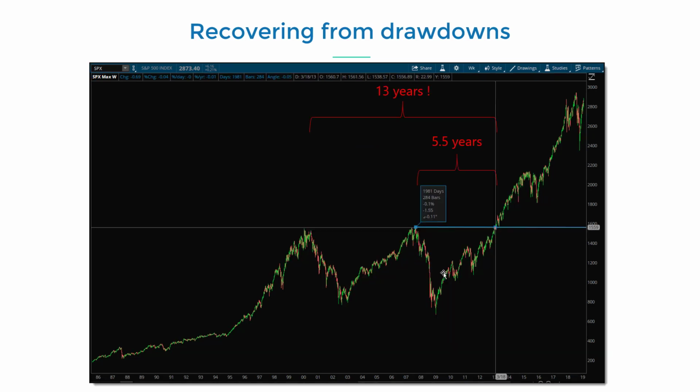So you're now looking at a scenario that if you entered the market here, you spent 13 years in that investment before you got back through to break even, right? And while looking at something like this, you might say, yeah, bottom left to top right looks good to me. Could you have sat through 13 years of drawdown, is the question. And if that's not the case, then this is not the portfolio for you.